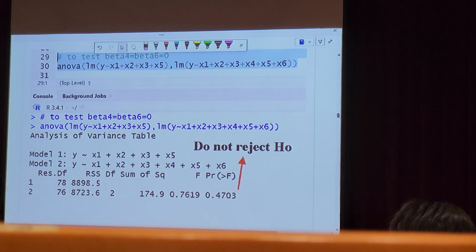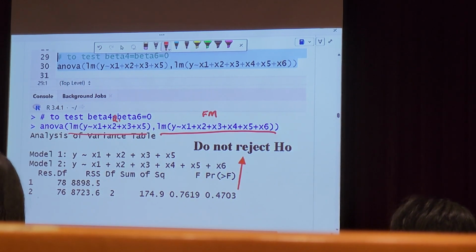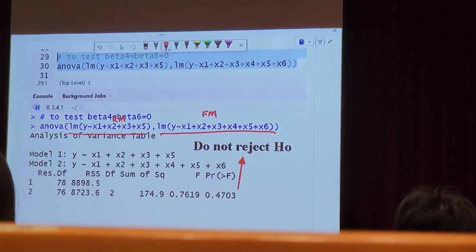The test is very simple. This is your full model. This is your reduced model. You can see that beta 4 and beta 6 are not here. Of course, you can relabel them as Z1, Z2, Z3, Z5, but it doesn't matter. It's all right.